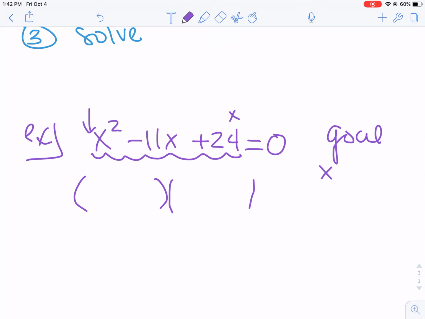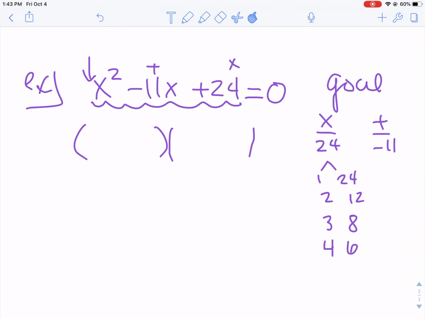So I want two things that multiply to 24, but add to negative 11. Okay? So factors of 24, you could have 1 and 24, 2 and 12, 3 and 8, or 6 and 4. Okay? Well, if I add those up, I get 25, 14, 11, and 10. Okay, well, none of those equal negative 11.